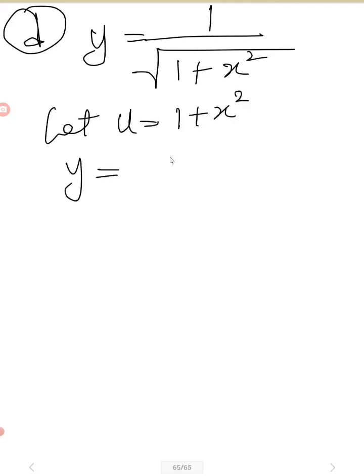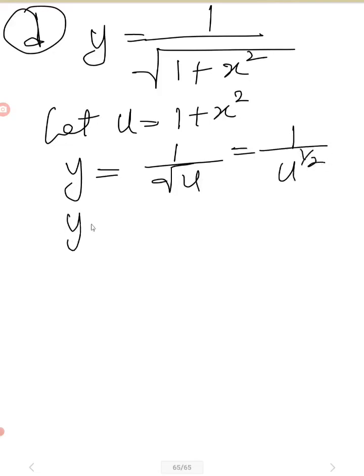Our y will now be 1 over root u, which can also be 1 over u raised to power half. By the law of indices, our y will now be u raised to minus half. That's all.